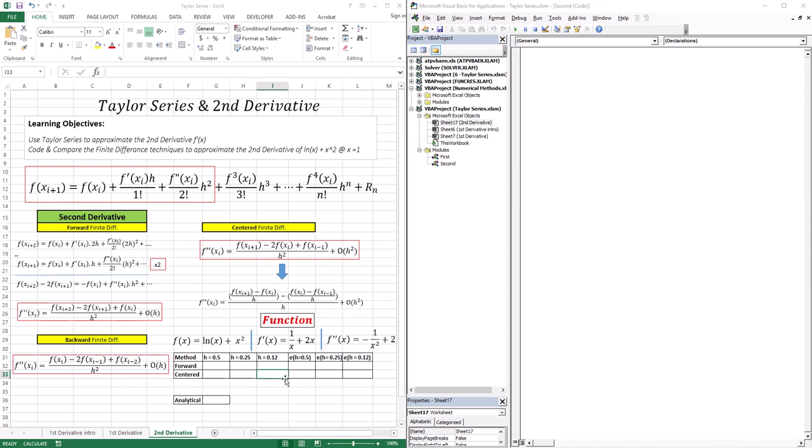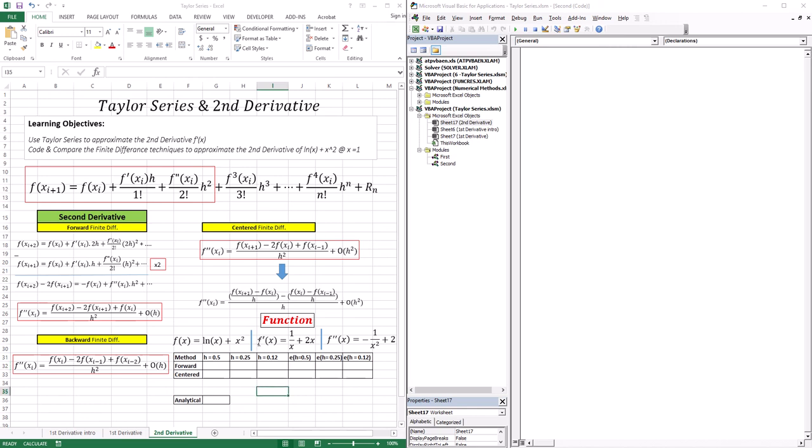But another pattern we should see is that, for both of them, as I reduce the step size, I should get a more and more accurate answer. So these are the two things we're going to be looking out for: that the centered is more accurate than the forward, and that both of them become more accurate as we reduce the step size.